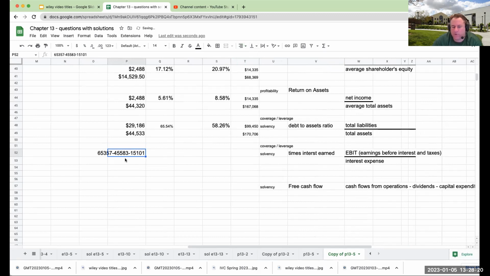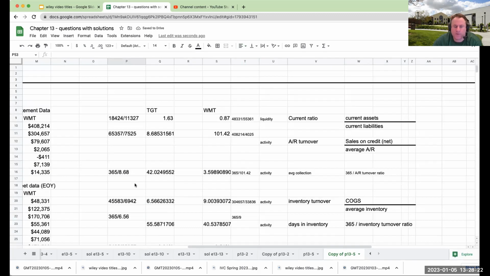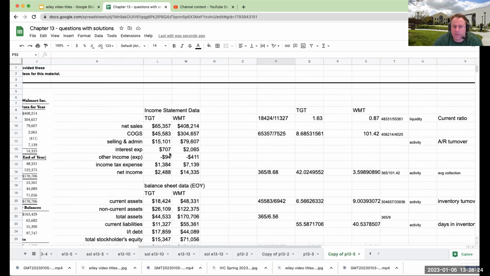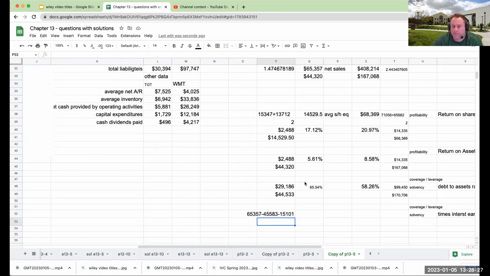So that's my EBIT for Target, and then my interest expense for Target is going to be 707.